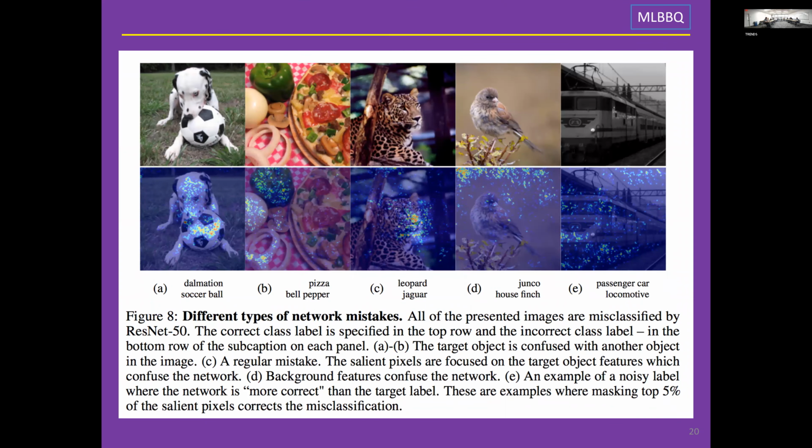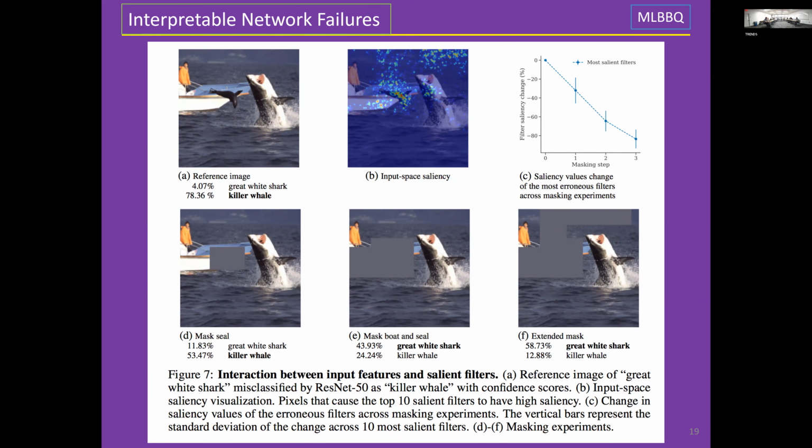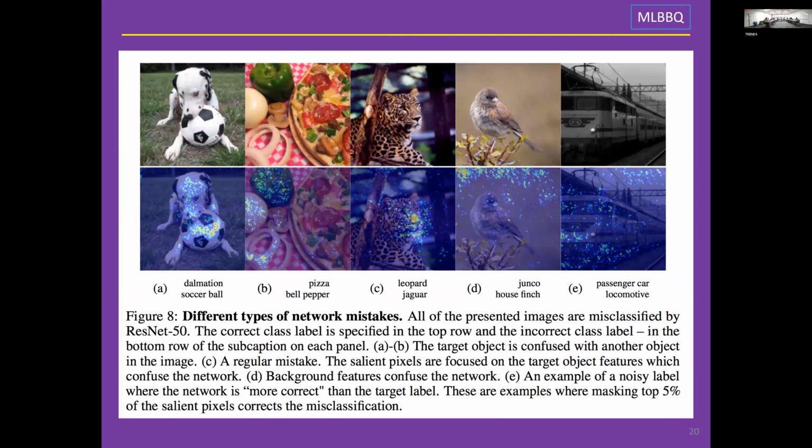Okay, we are almost done. So they are now showing what kinds of mistakes a network usually makes. For example, all of the presented images are misclassified by ResNet 50, and the correct class label is specified in the top row.